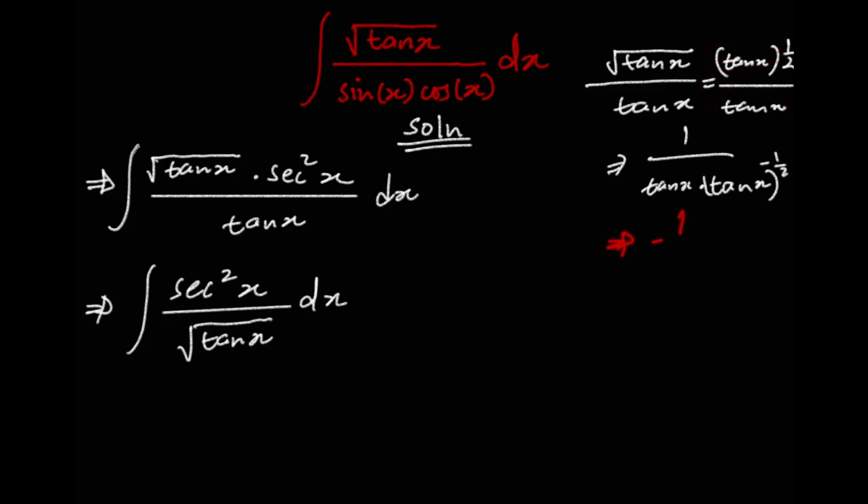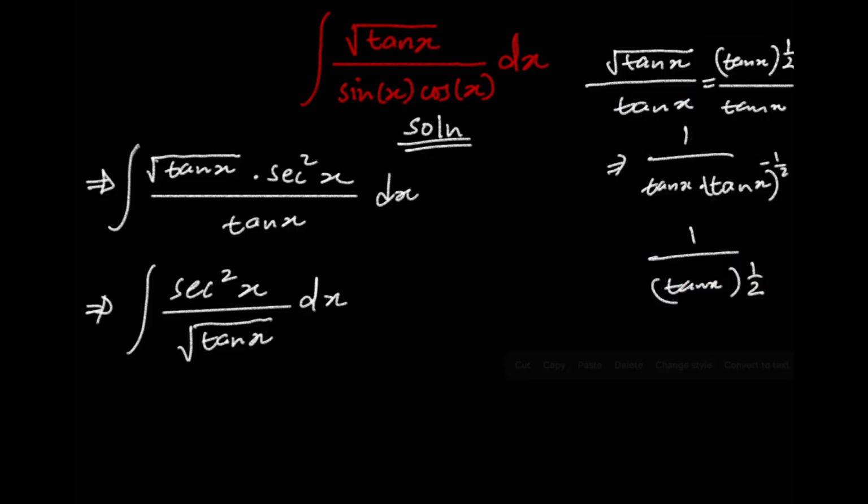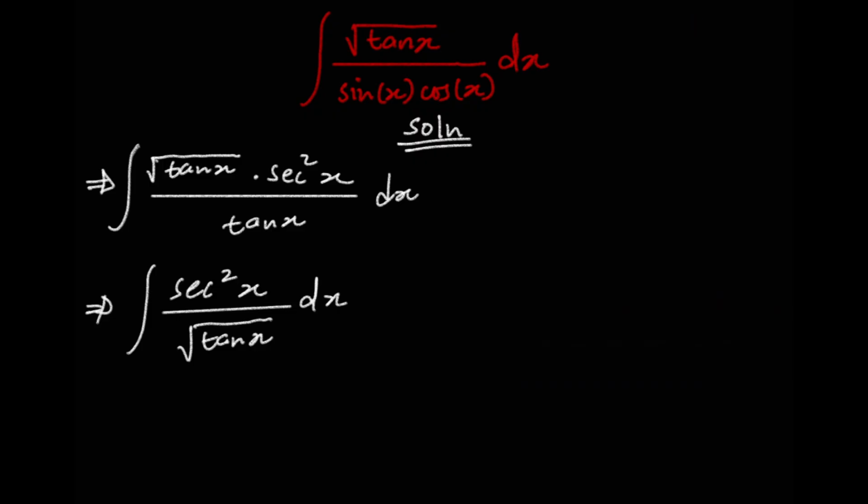So that gives us 1 over, because the exponent of tangent x is 1, 1 minus half is just half. So that is tangent x raised to the power of half, which is the same as the square root of tangent x. I think this is also clear. I don't want to leave anything unclear. Okay. Let's continue with our question.